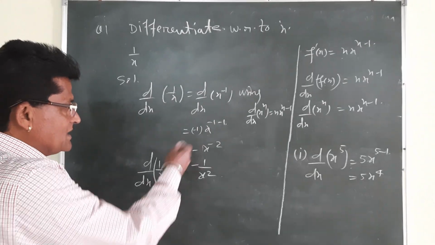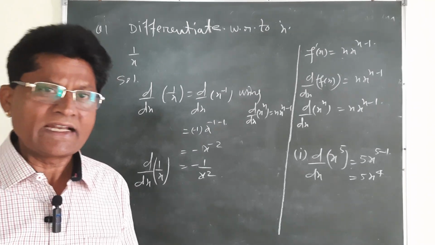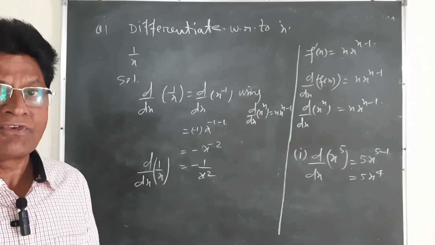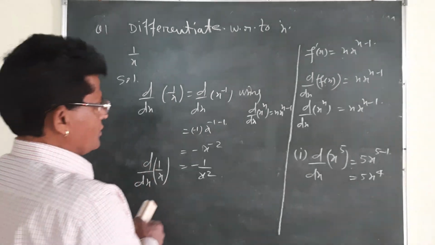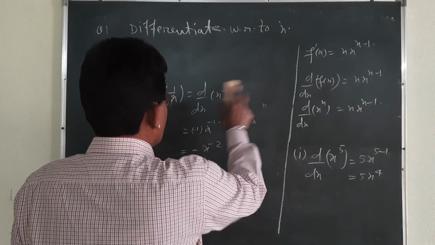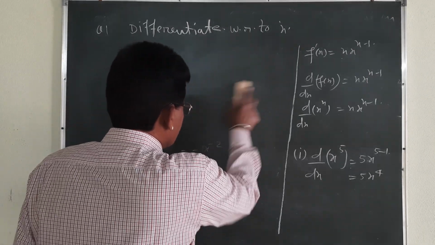One more method is there, which I told you in the previous videos. What is that method, which you have studied in class 11? Quotient method. Let me take that also. Dear student, you see that quotient method. How can you find out its differentiation?